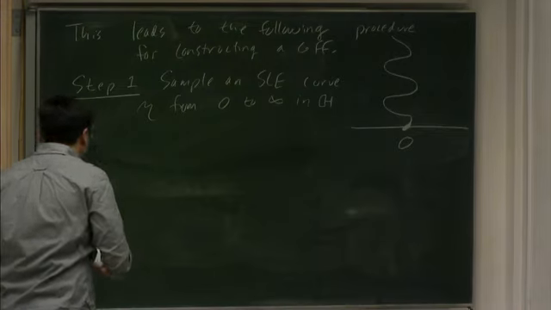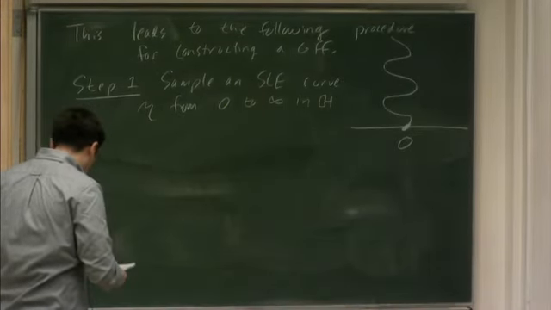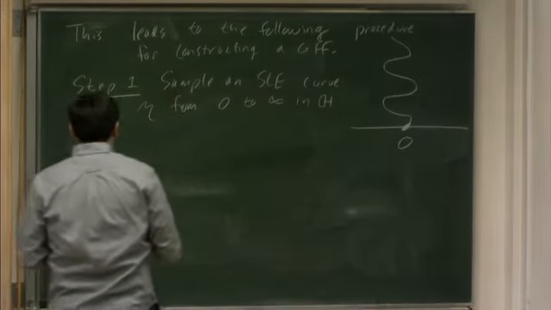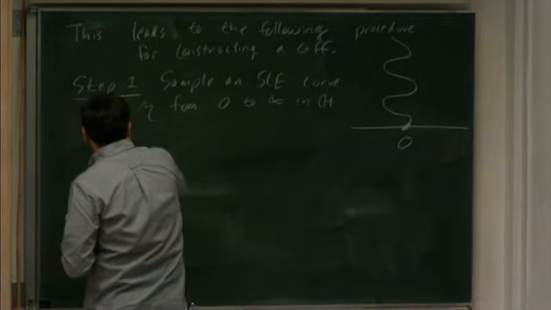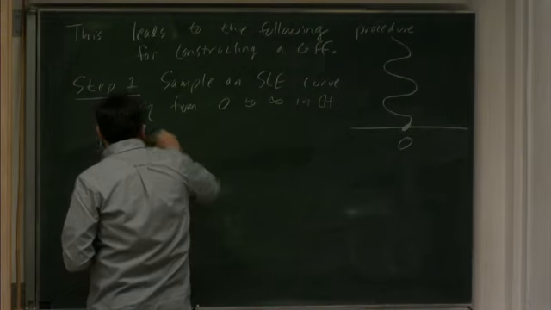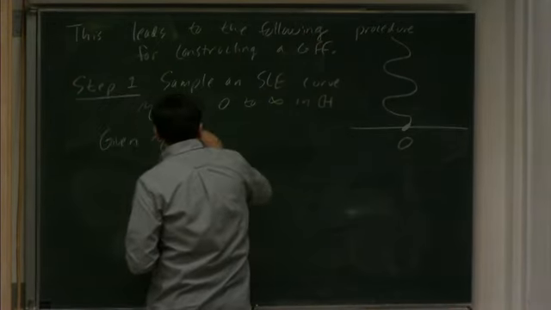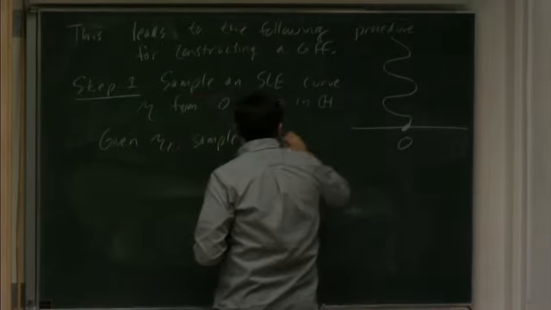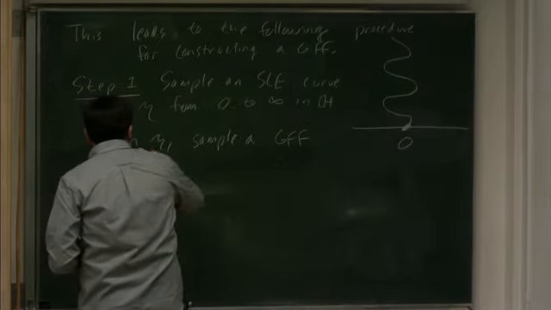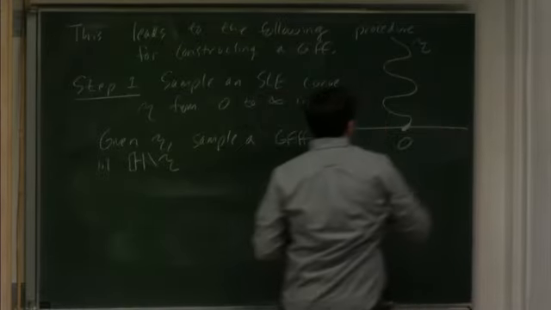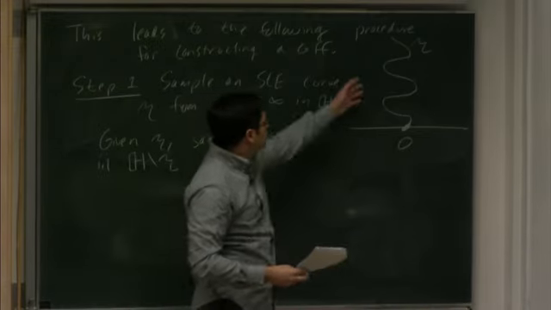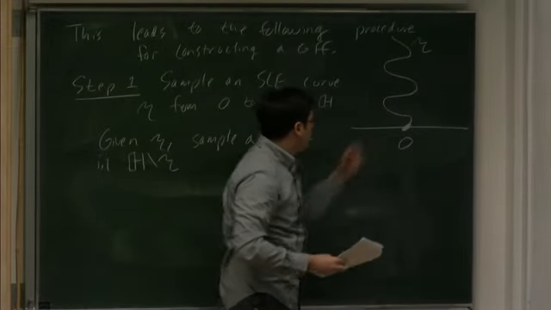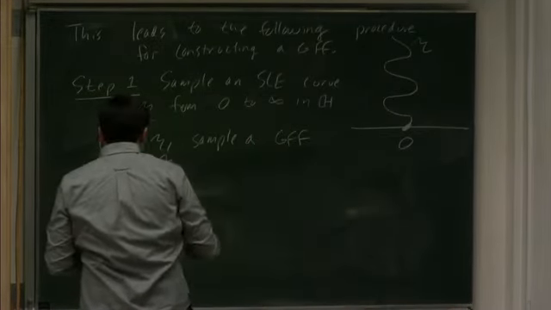Okay. Now, once that's fixed, what do I do? I'm going to pick a Gaussian free field in the complement of eta. So this is eta right here. And once this is fixed, I'm now going to sample a Gaussian free field in the complementary domain.